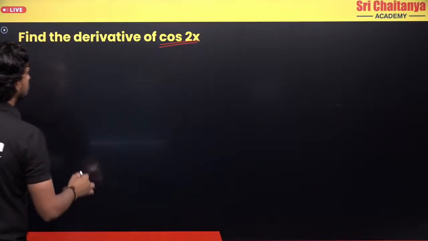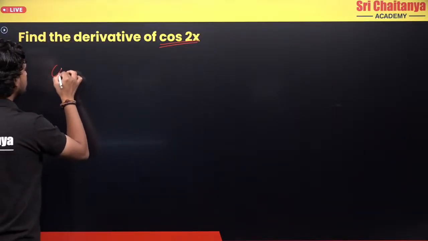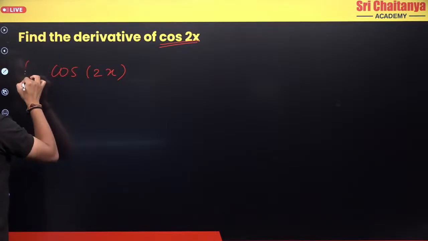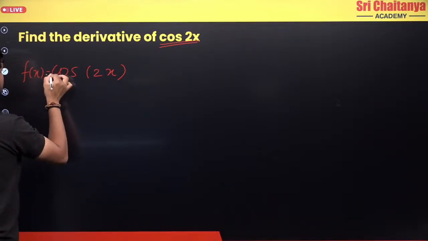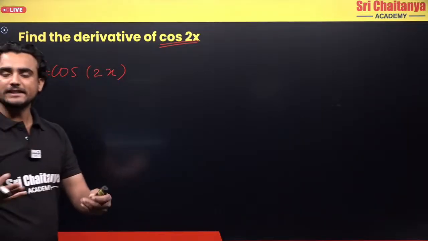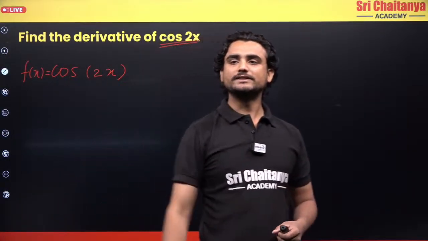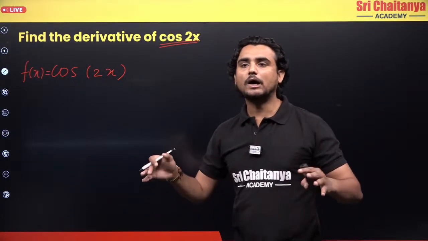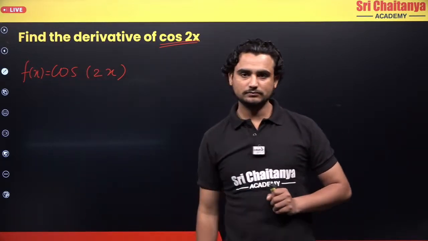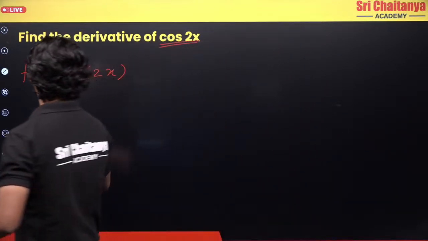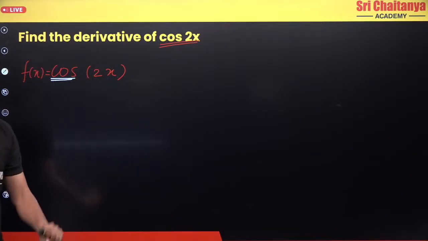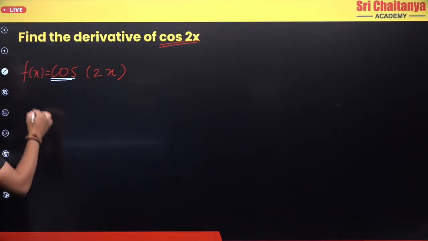Let's say I have the function cos 2x. What is the outermost function you can see? I have to go from outside to inside, remember. I can see cos; forget about 2x for now. So what is the differentiation of cos?